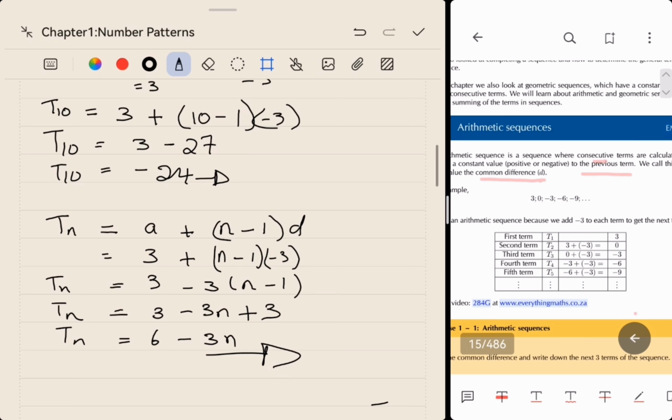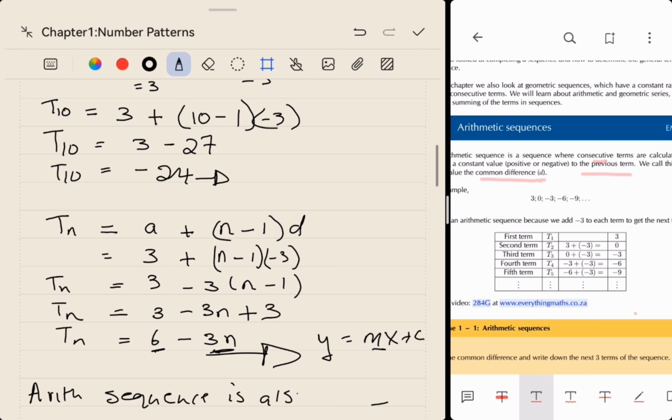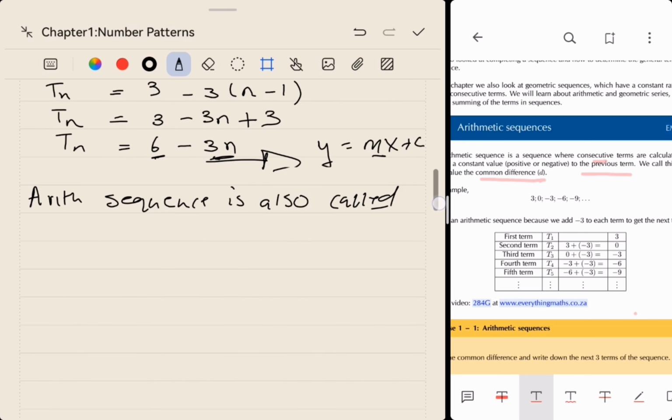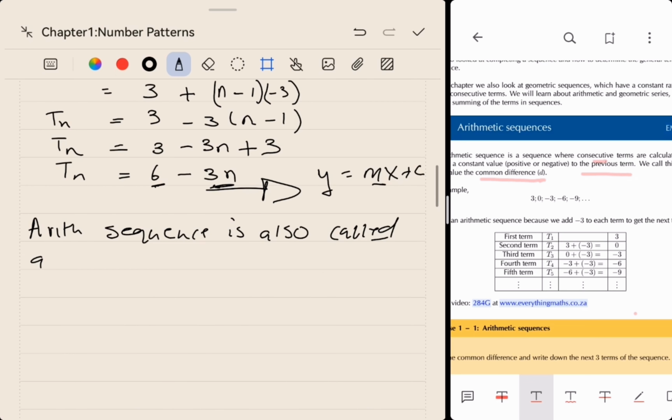Does this ring a bell? This is an equation of a straight line, mx plus c. This is m, and that is your y-intercept, which is c. Which means an arithmetic sequence is also called a linear arithmetic sequence.